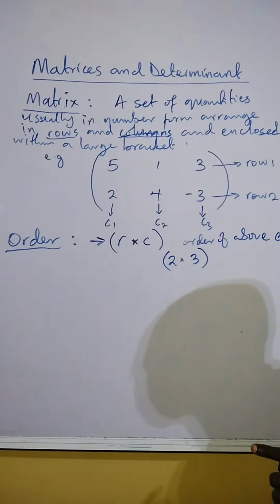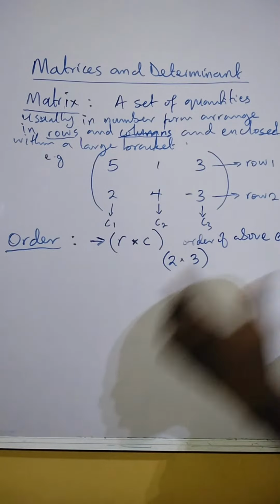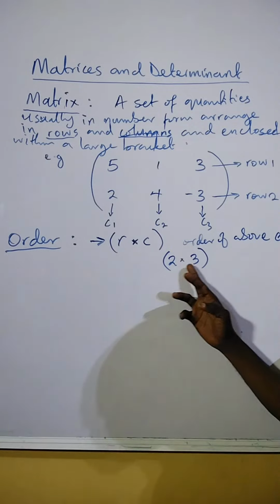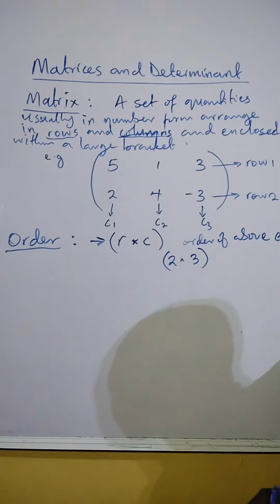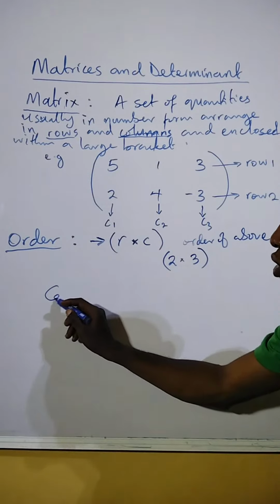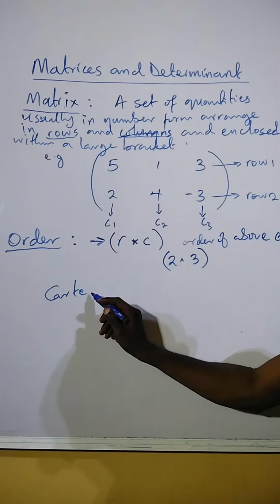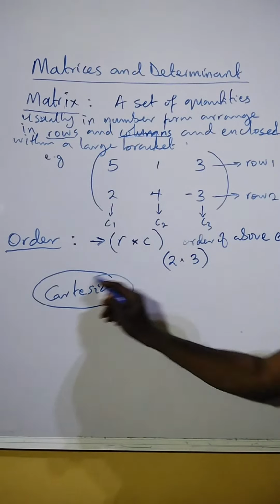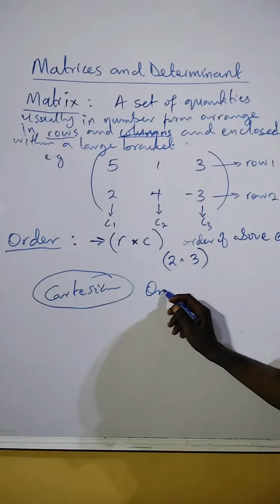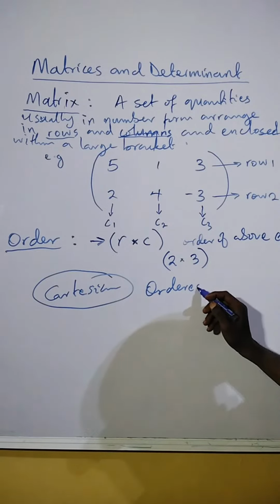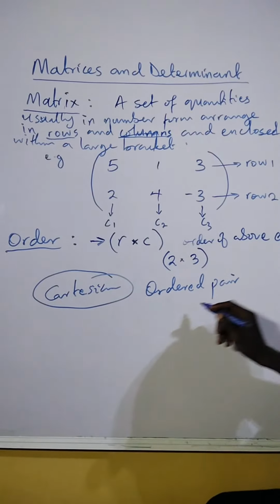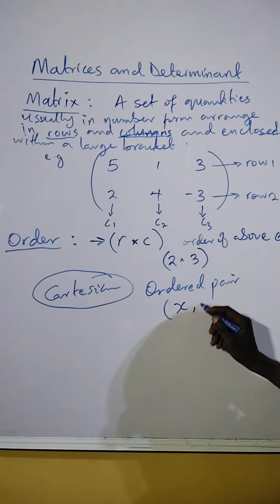So what we are saying is that if we want to write the order of any matrix, the row comes first before the column. It's like an ordered pair under the Cartesian plane. Whenever we have a Cartesian plane, there is something called an ordered pair, and that's always written in the form of x comma y.